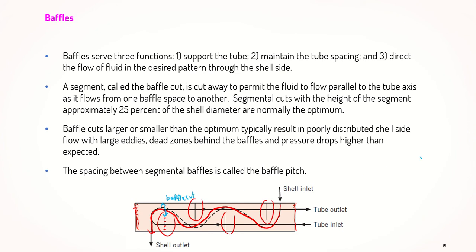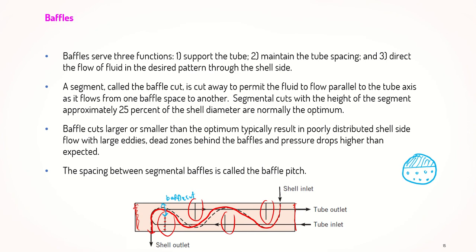So for example, let's say we have a perfect circle, and we cut the top one, and then we drill some holes in it. So this is how we manufacture baffles.